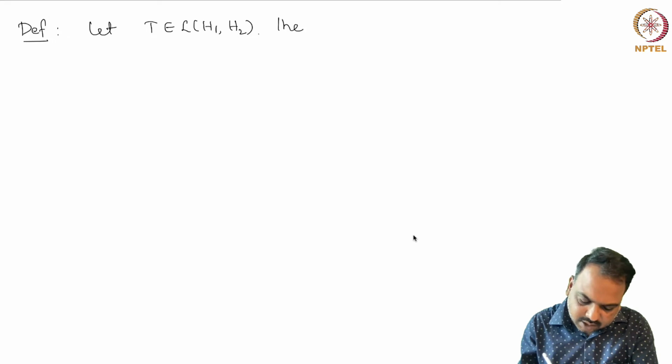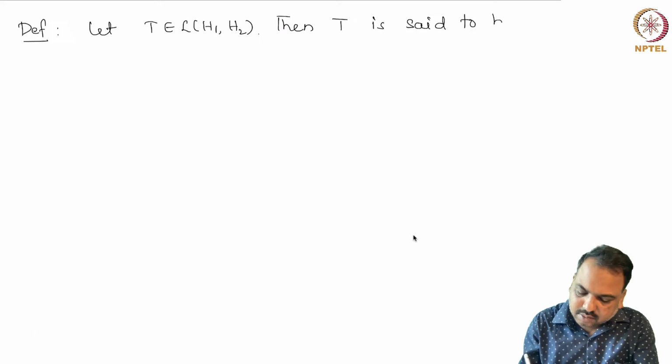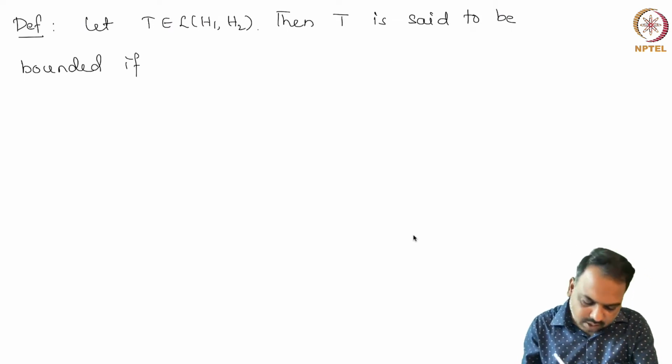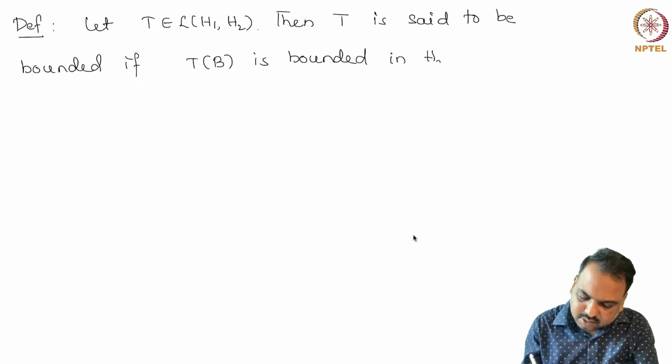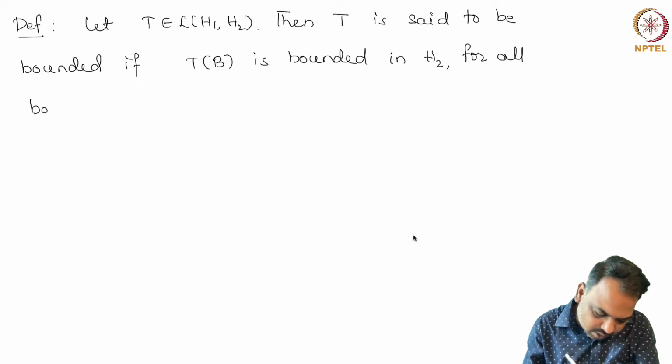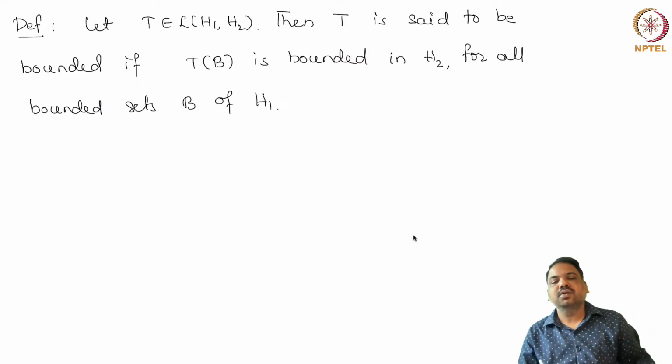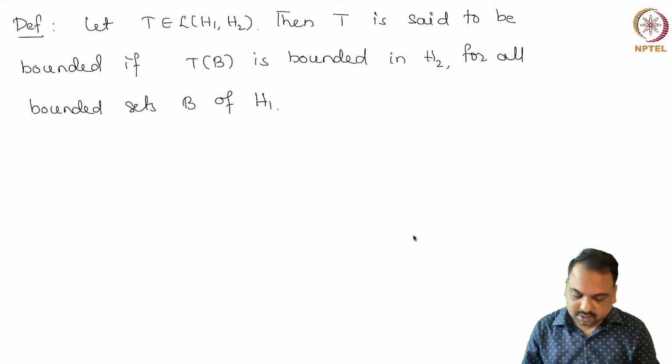Then T is said to be bounded if T of B is bounded in H2 for all bounded sets B of H1. That means whenever B is bounded in H1, T of B should be bounded in H2.